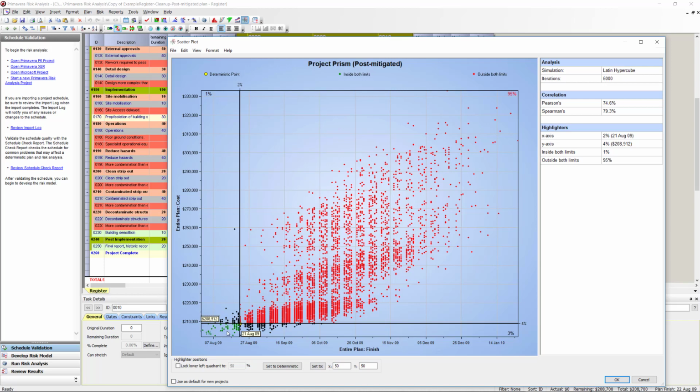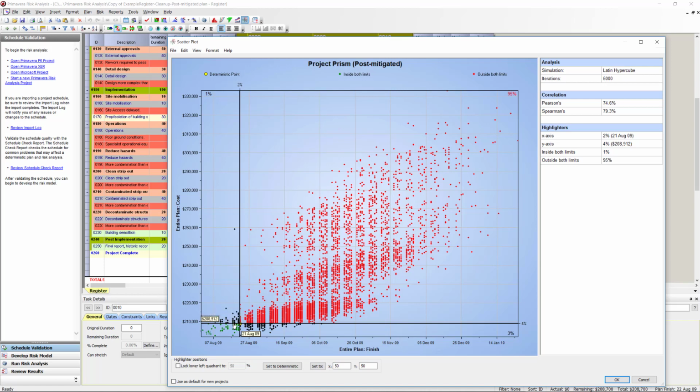Also, he said that he will deliver the project by August 21st. That's the commitment here. So this commitment is what we are calling the deterministic date.